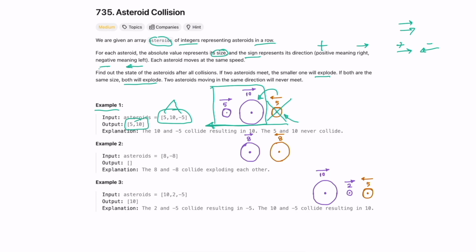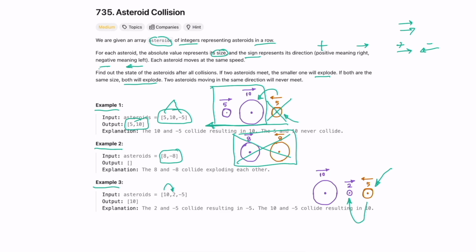In the second example, both asteroids are of the same size but have opposite directions, so they collide. Because they are of the same size, both of them will explode. In the third example, the first 2 asteroids are moving in the same direction, so they don't collide. But the third asteroid is moving in the opposite direction. It will collide with the second asteroid.